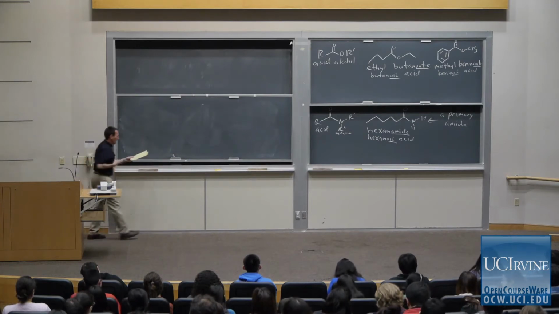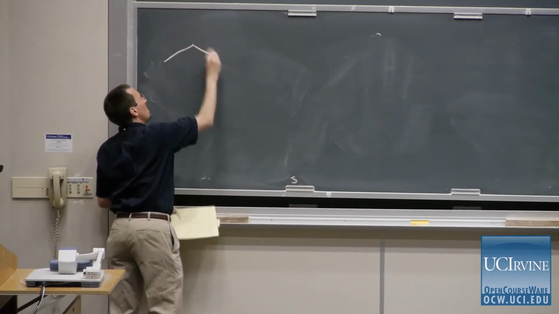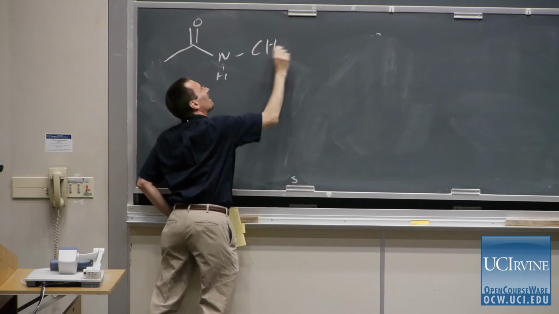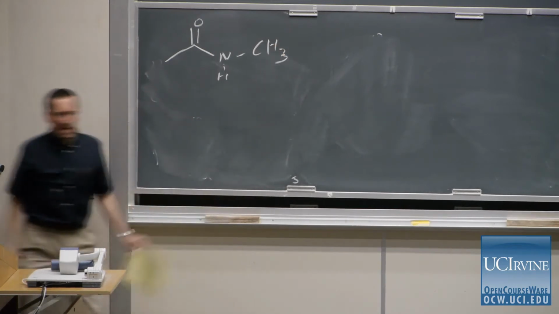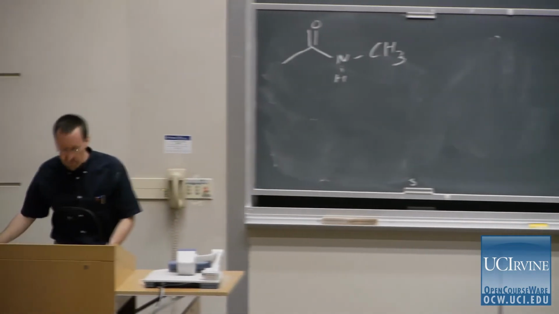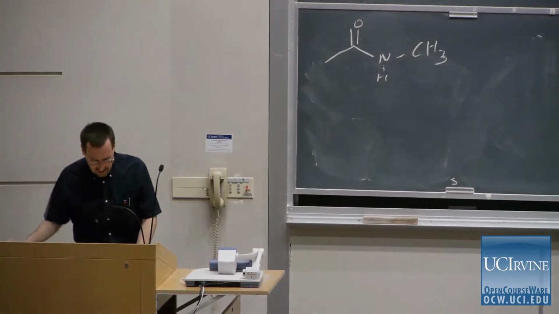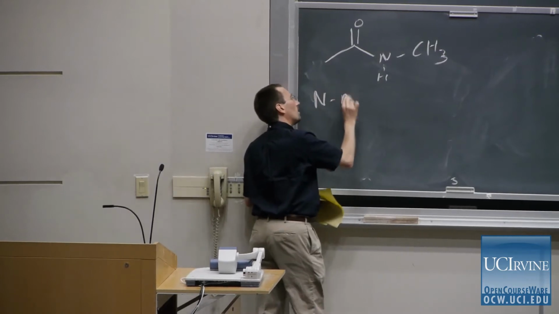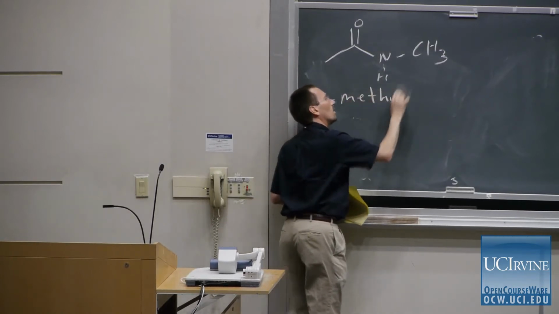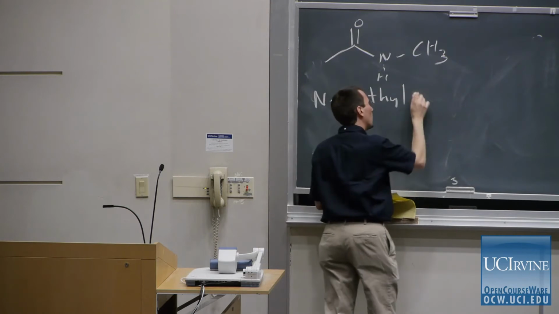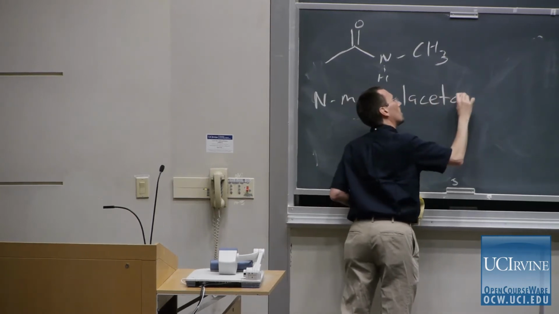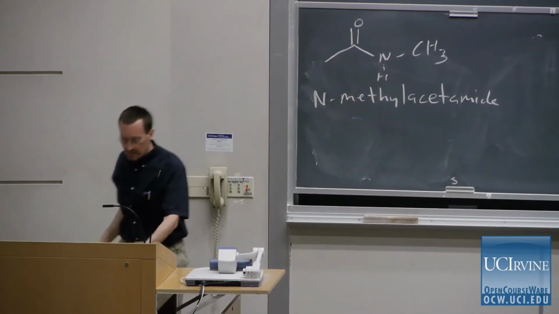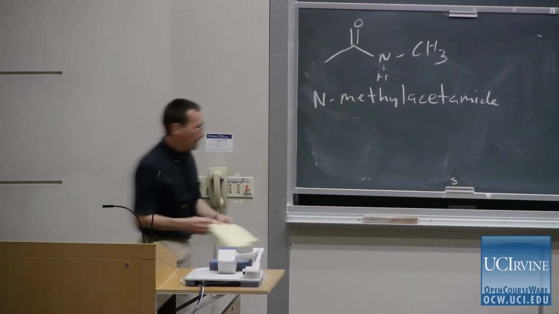All right, couple more examples here. So this amide comes from acetic acid, so we would call this N-methyl acetamide. This compound is a secondary amide.